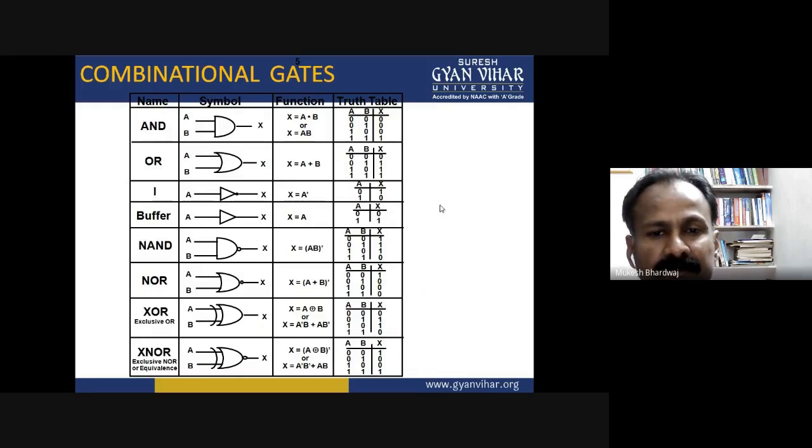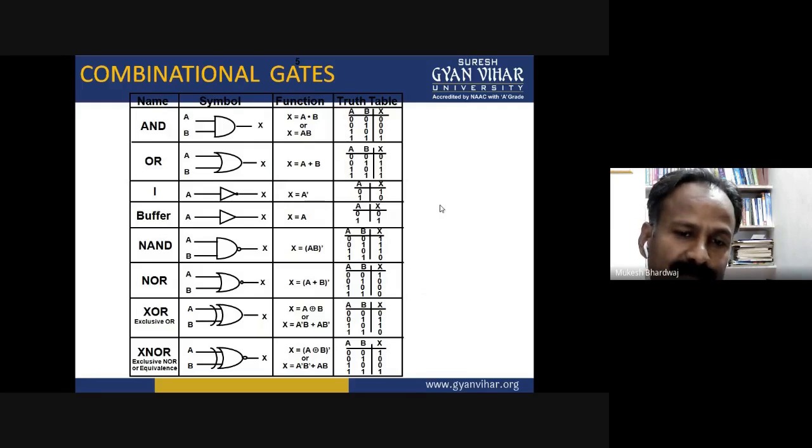NAND gate: output x equals (ab) bar, and more explicitly we can write it as a bar plus b bar. NOR: (a plus b) bar, or we can write it as a bar into b bar. Similarly for XOR and XNOR. So these are the truth tables, and these are the basic gates.